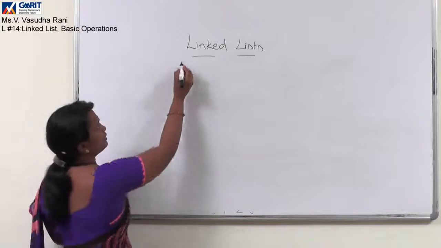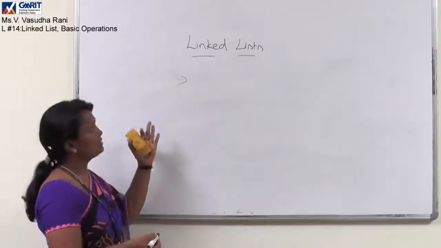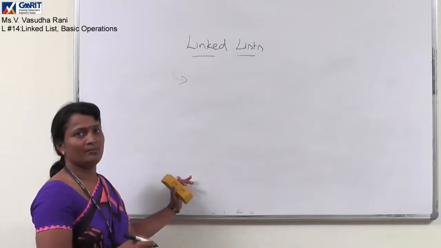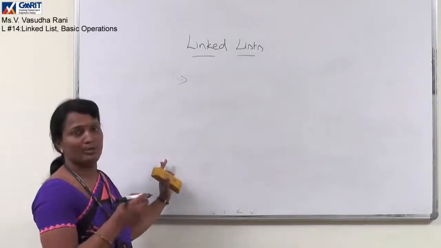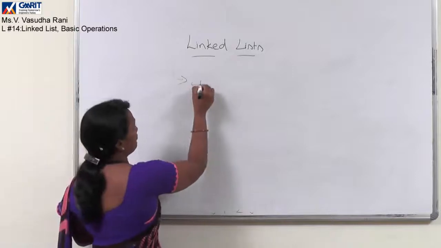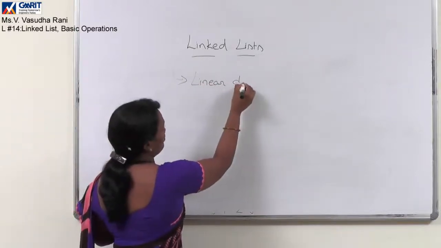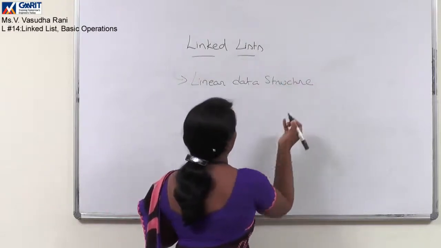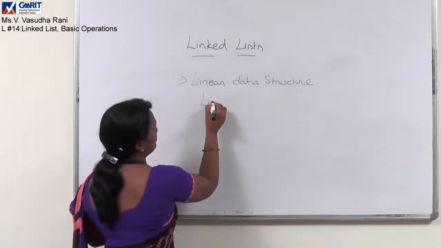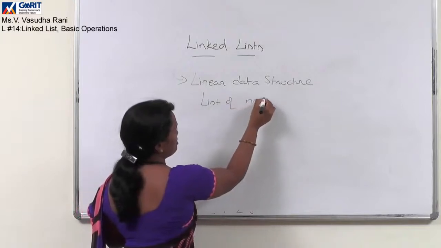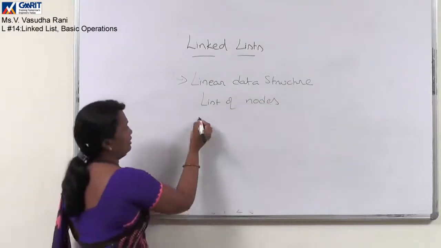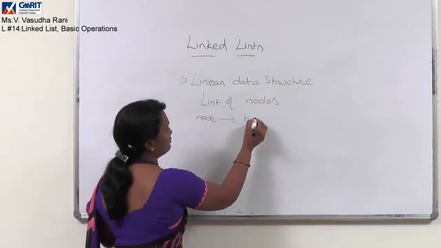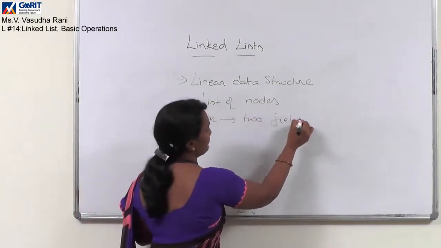So what can be our linked list now? A linked list can be defined as a linear data structure with a list of nodes, wherein every node will have two fields.